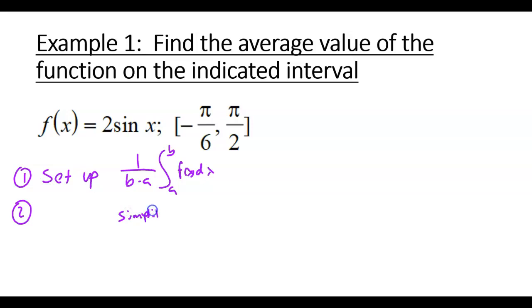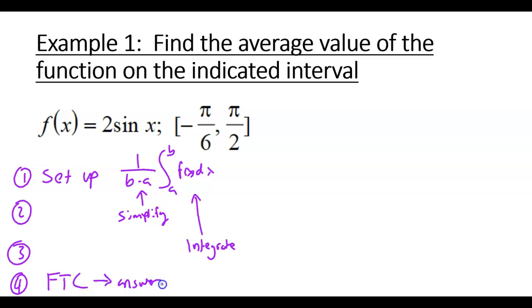Simplify that fraction there. Step 3 is integrate your integral. Step 4, do your fundamental theorem of calculus to get your answer. So, 4-step process there to find your average value.